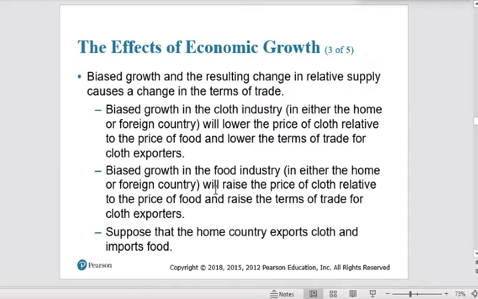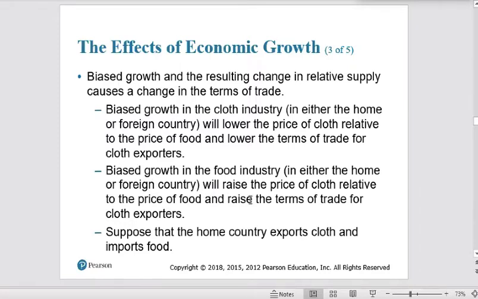Do you see that? You have two things, a banana and clothes. If the price of banana drops, the clothes will become relatively more expensive to you, even though the price is the same. All right? Okay, it's easy, right?